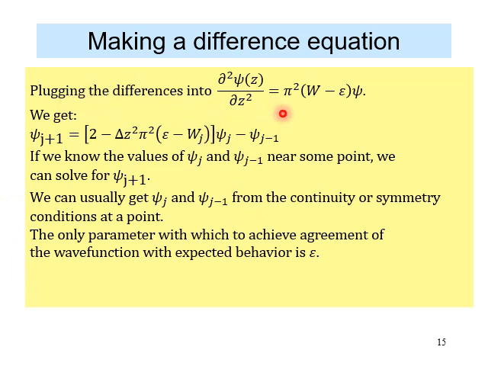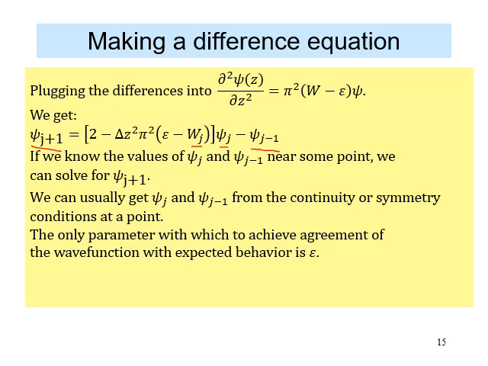Now we plug that into our Schrodinger equation, and with some rearrangement, we get this relationship, which can be used if we know the potential as a function of position, and we know the wave function at point j and the wave function at point j minus 1. Then we can solve for the wave function at point j plus 1.